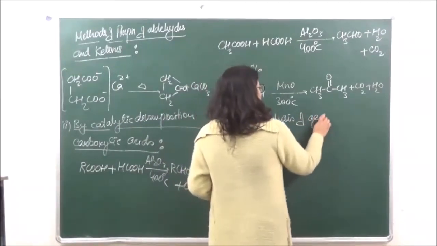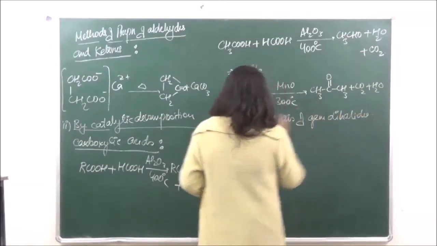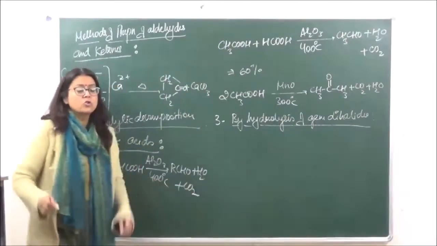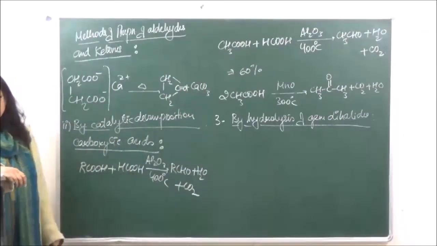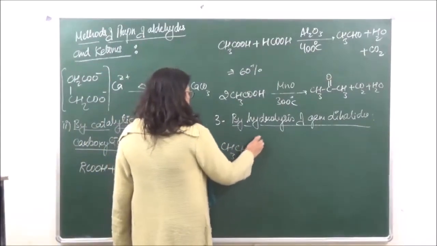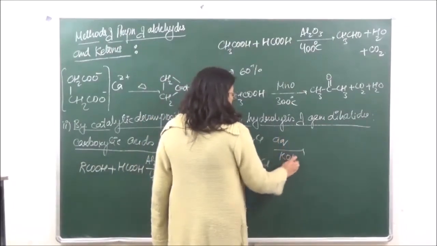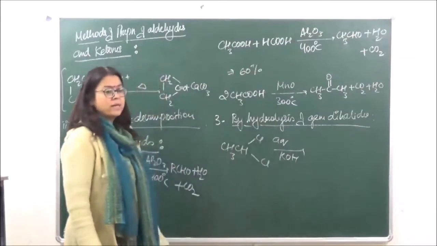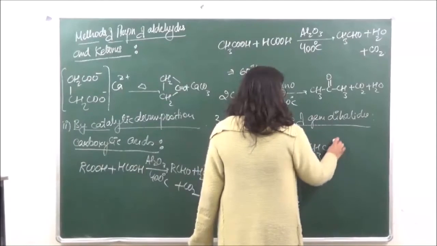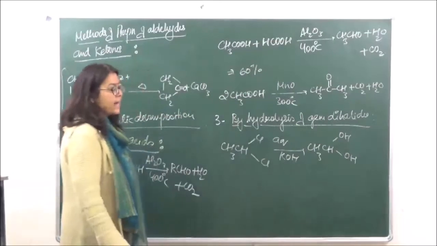What are gem dihalides? When both the halogens are attached to the same carbon atom, that is going to be a gem dihalide. We do the hydrolysis in the presence of aqueous KOH. Both the chlorines are going to be substituted by OH. So we have over here a gem dihydric alcohol.